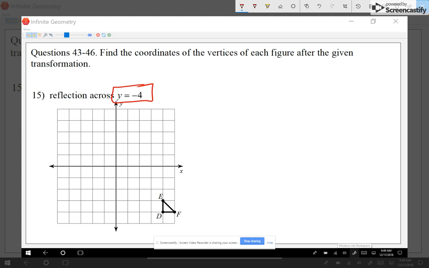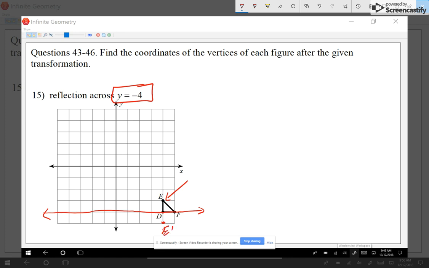The y equals negative 4 is this line. The x-axis is known as y equals 0, so y equals negative 4 is that. I'm going to move everything from one side of the line to the other. So if I was looking at E, here's E, which is 1 point above the line. So I'm going to move it to 1 point below the line.